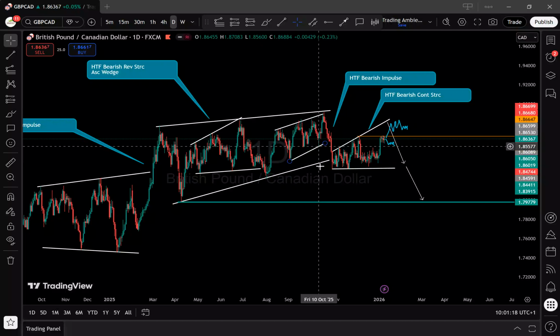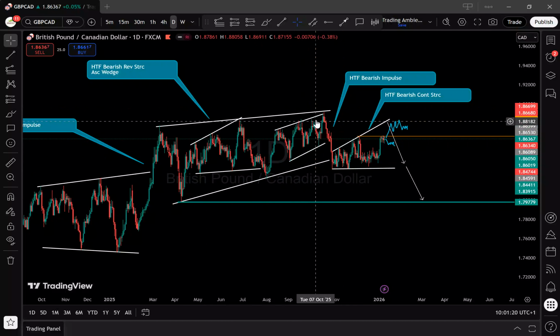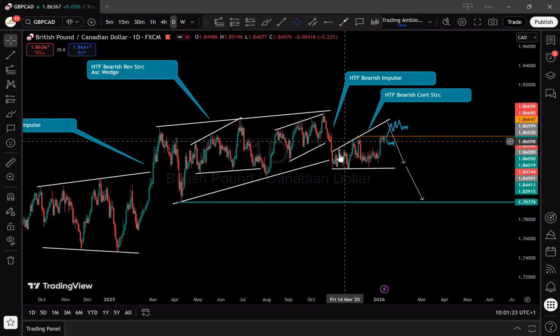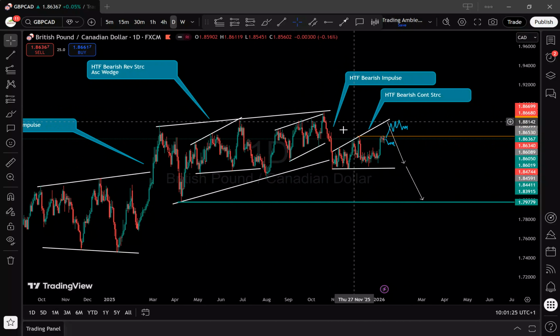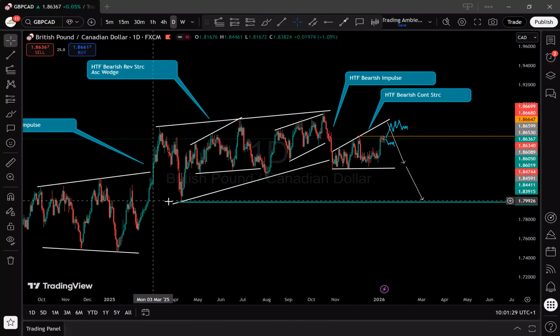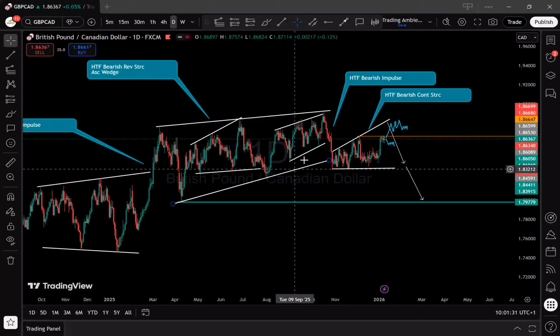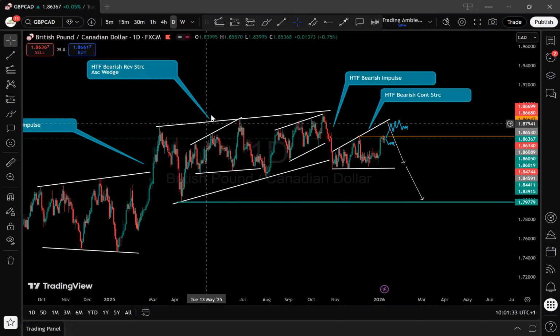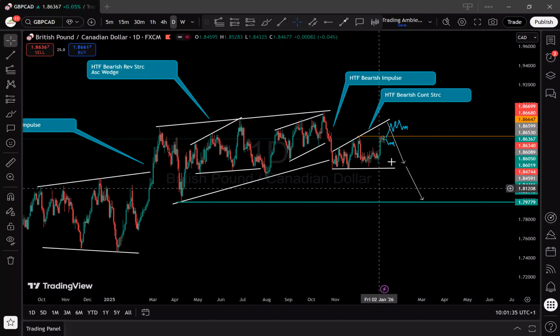So right now, the price has broken out of this ascending wedge with a bearish impulse, and it looks like we are having a bearish continuation structure. So we will be targeting the low of this structure or so.